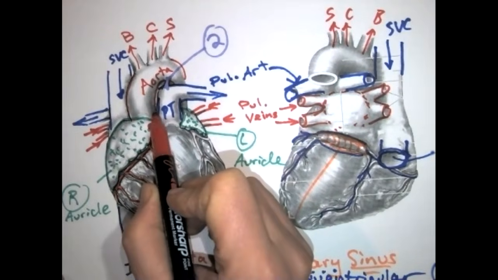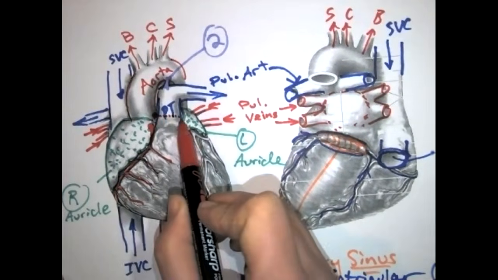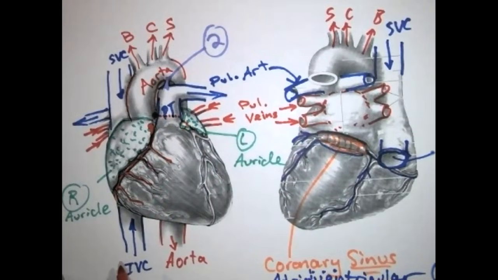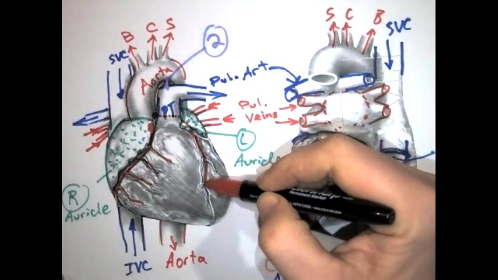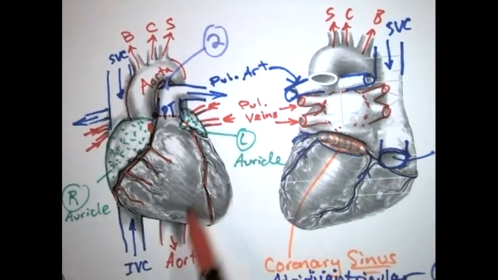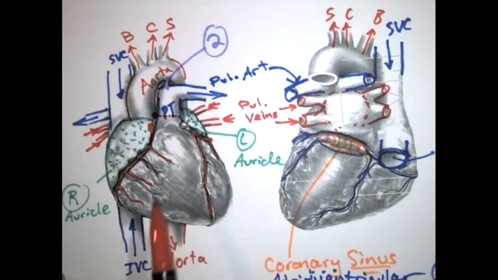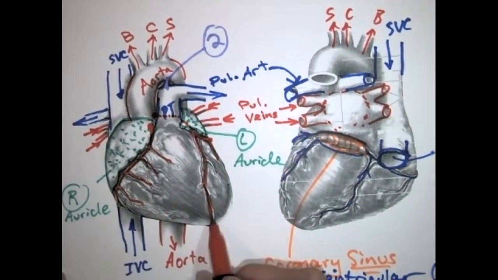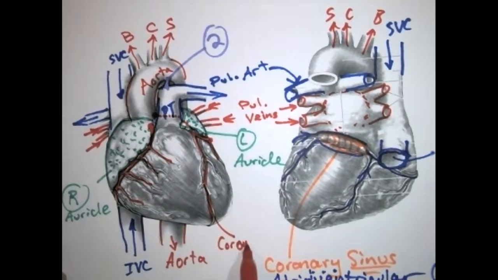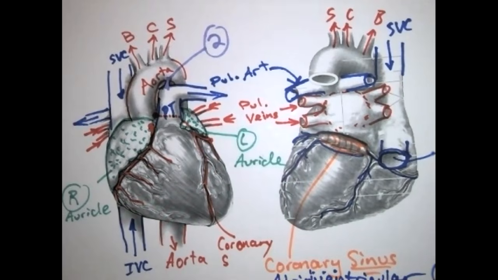There's another vessel that goes behind the pulmonary trunk, behind this corner of the left auricle, and it is going to go down this junction between the right ventricle and the left ventricle, as well as the left atrioventricular junction. So all of these vessels on the front of the heart can be collectively called the coronary arteries. There are more specific names, as you might imagine, but for our purposes, these are collectively the coronary arteries.